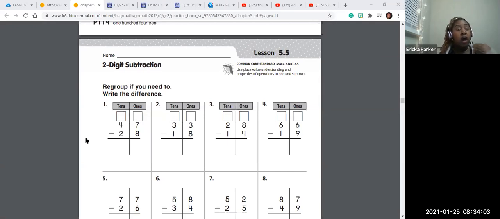So I'm looking at this page here. This is two-digit subtraction. You regroup if you need to. If you do not need to regroup, do not waste your time trying to regroup something that obviously does not need to be regrouped. Remember, like I said before in our last lesson, if the numbers upstairs are bigger than the numbers on the floor, you do not have to regroup. Now, if those numbers upstairs are smaller than the numbers down on the floor, you need to regroup.